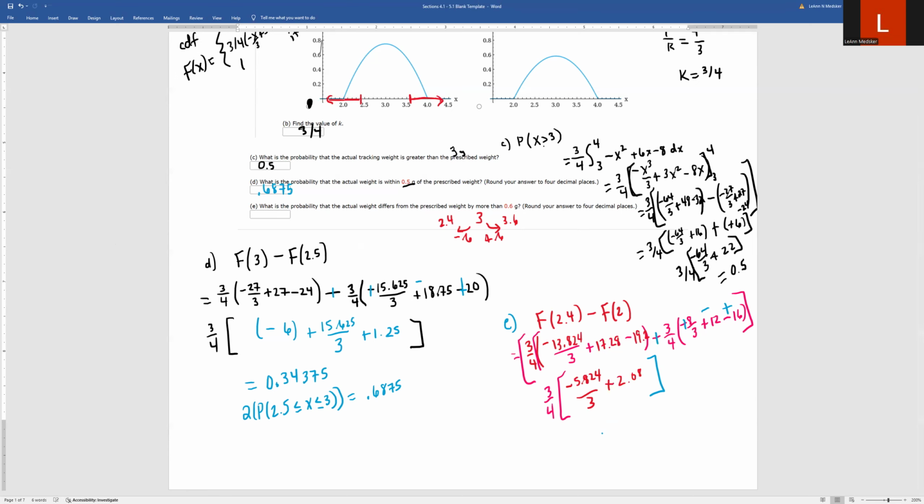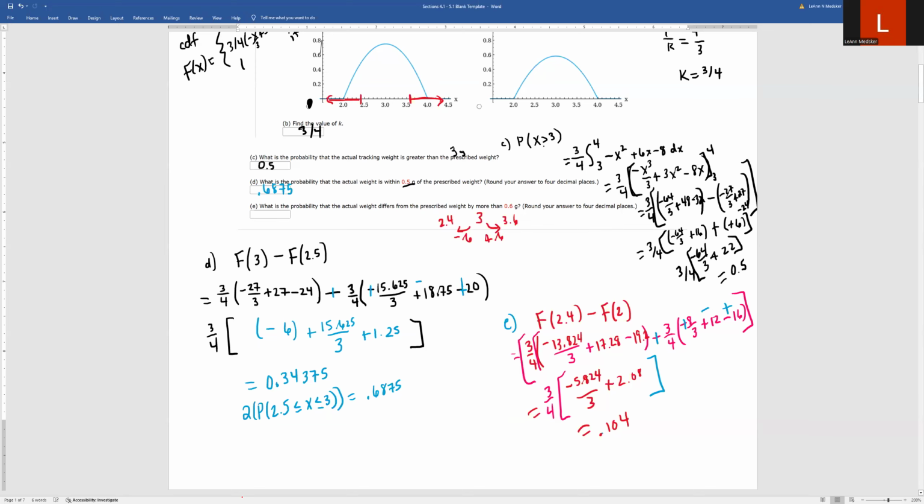Okay. Now we're going to work out this part in the bracket. So negative 5.824 divided by 3, and then plus 2.08. That's going to be 0.1386 repeating, but then we times it by the 0.75. Okay, and this is where we get, it's like 0.104. Okay, that's what we get for that part. That's what I was expecting, around 10%.